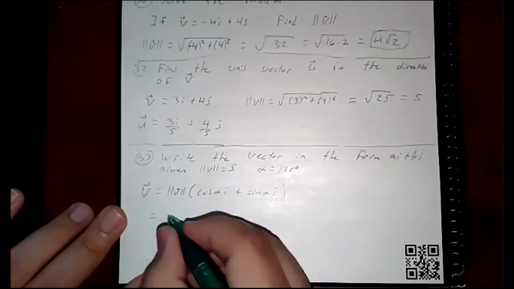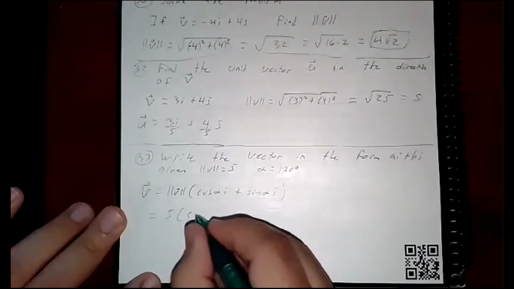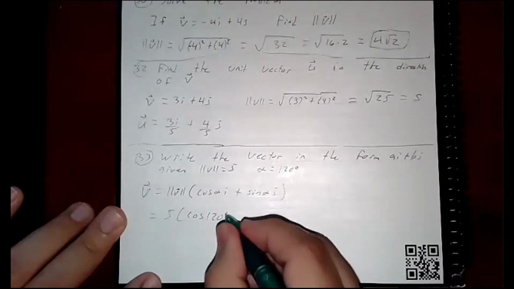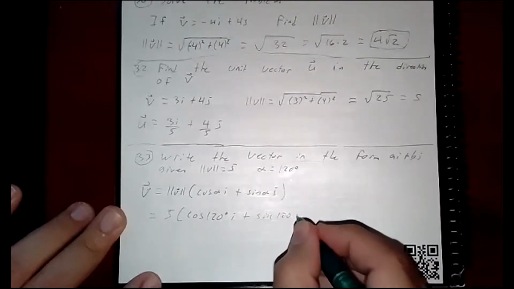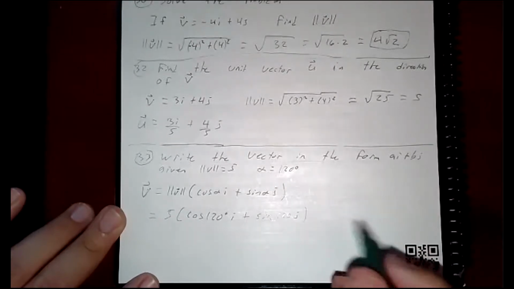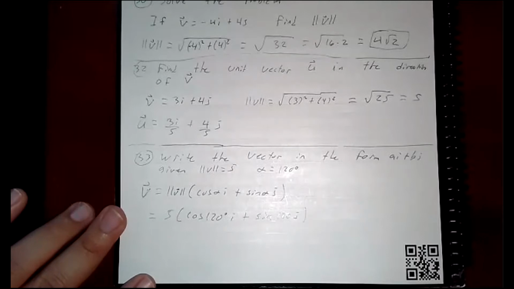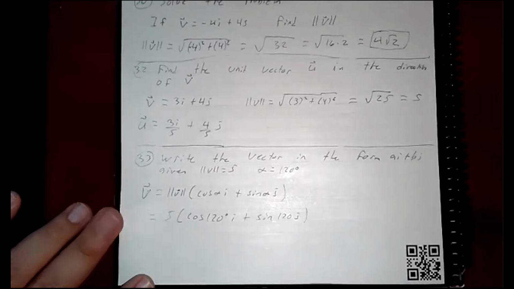So we'd have 5 times cosine of 120 i plus sine of 120 j. And let's see if they left it that way or not. I don't know what the options are. No, they went ahead and plugged it in.